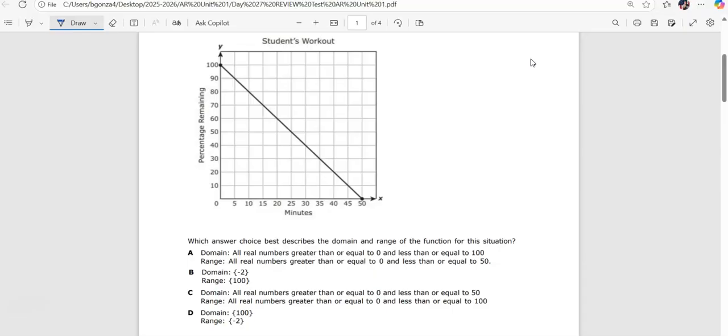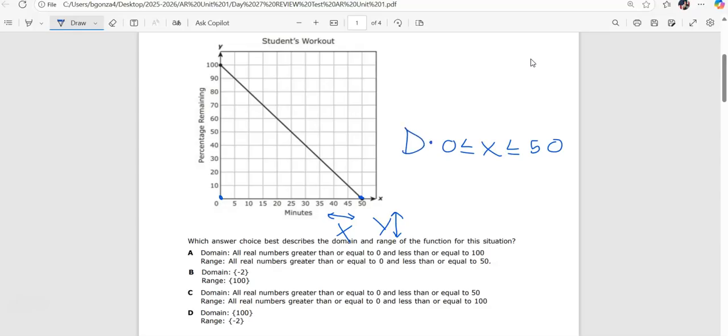Now the domain, remember, domain is x from left to right, and the range is y from bottom to top. So if I'm doing domain, how far to the left does this point go? It's between 0, and then it goes all the way over to the right to 50. So the x value is between 0 and 50. Okay?